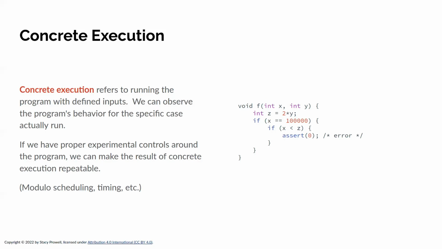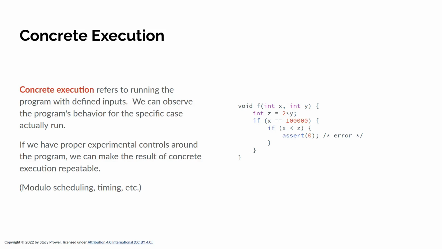So concrete execution is pretty easy to understand. Concrete execution is what happens when you run a program, right? You've executed the program concretely. And you can observe the program's behavior for the specific case that you run. If you're trying to be systematic about it, you need to have things like proper experimental control, right?